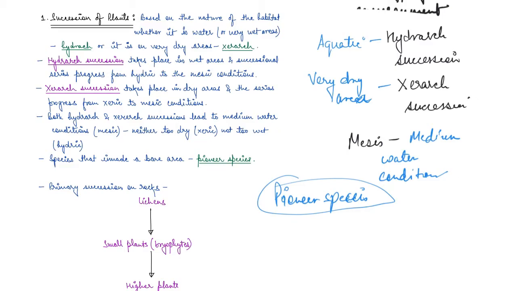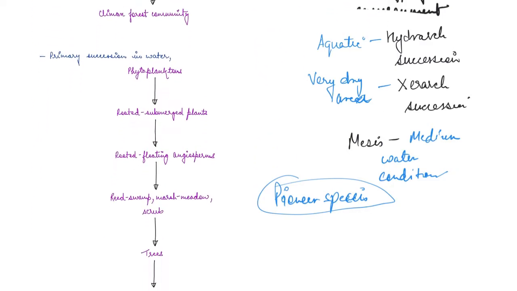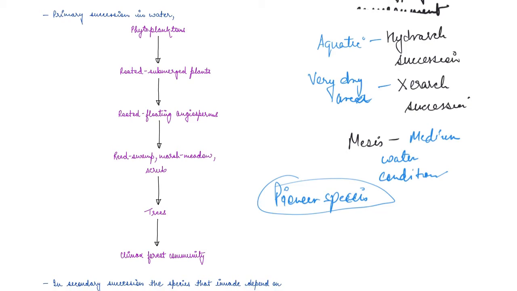Now, in primary succession in water, what happens? The pioneers are small phytoplanktons. Now, these are ultimately replaced by small submerged plants. Now, these plants are rooted, right? Then comes the rooted floating angiosperms, and then comes the free floating plants.